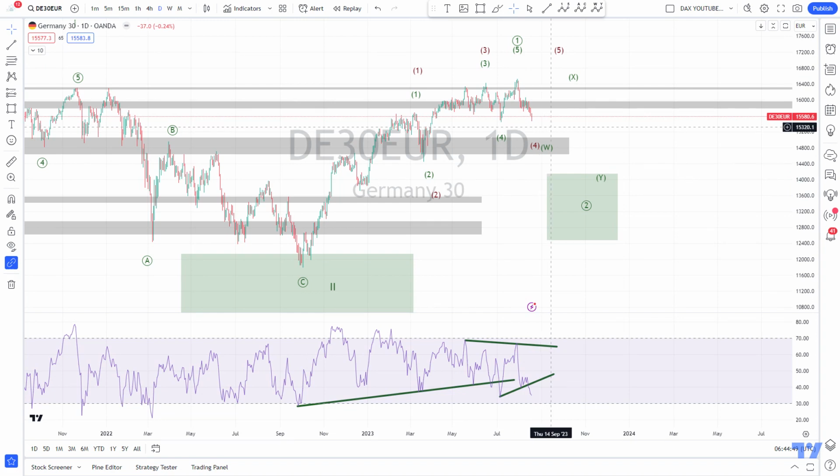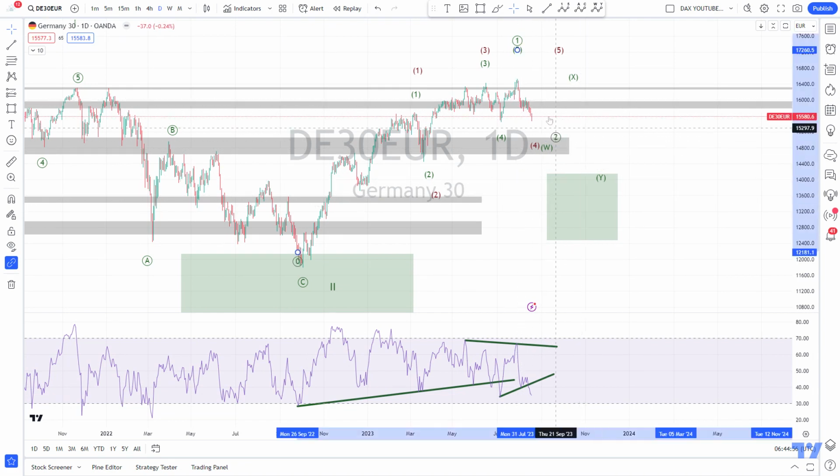Okay, it can be that we only have a very shallow wave two, that this here will be our wave two, A, B, C, wave two, and then back to the upside.